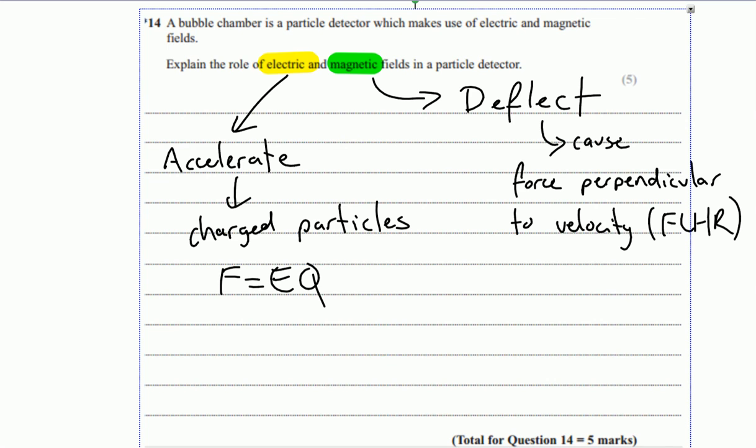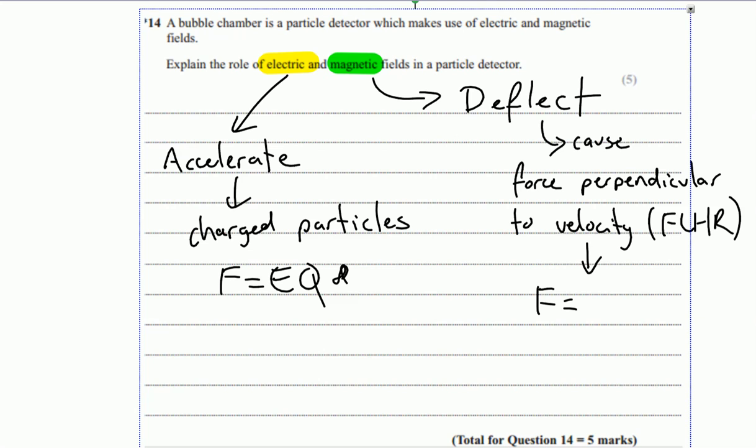What else? What's going to be a useful thing to say as well? Thinking about what we've done here, what's the analogous equation for magnetic fields?